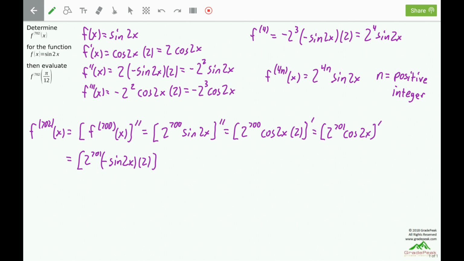We have no more derivatives left. I will move the negative to the front, and I will put the 2 here with the 2 here, so it'll be 2 to the 702, and sine of 2x. There's our 702nd derivative.